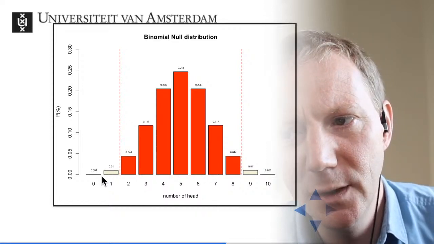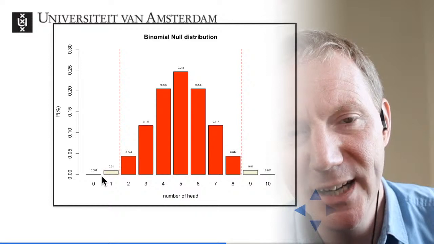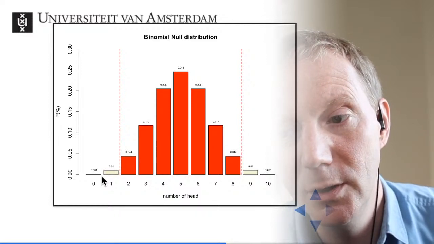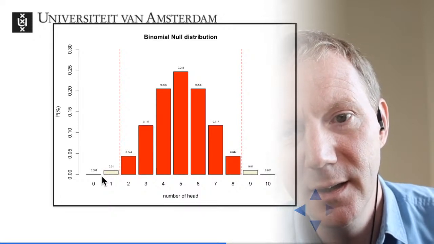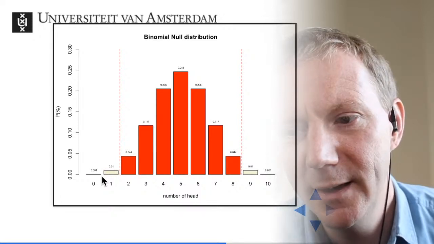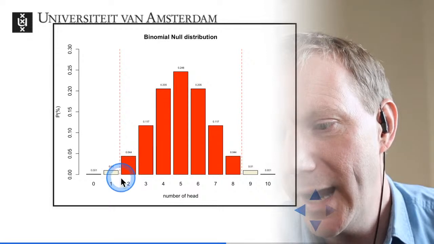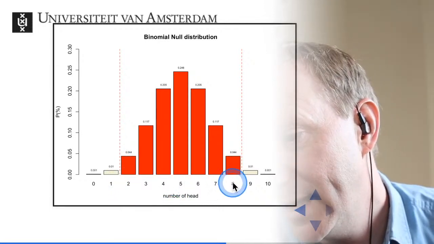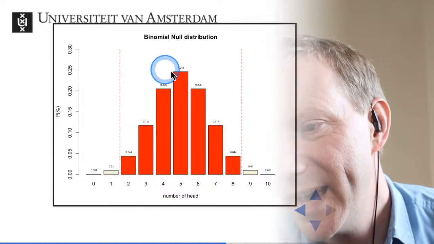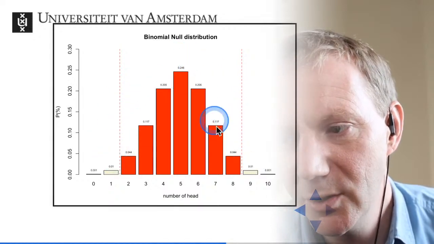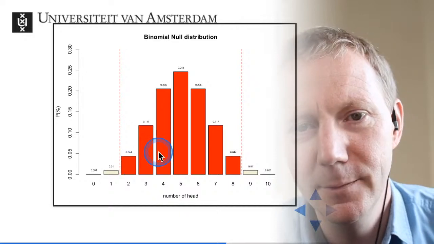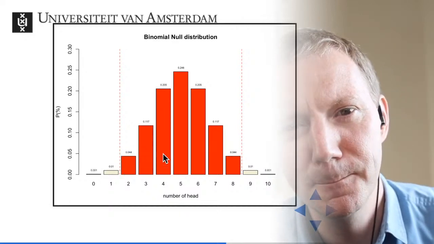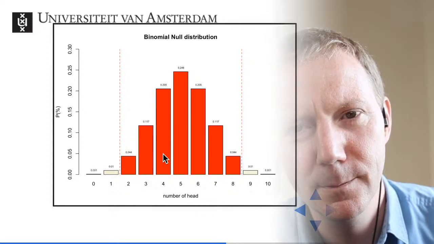So if the null hypothesis actually is true, and I decide to not reject the null, then I do so when I'm between 2 and 8. Well, the mass of the distribution is in between there, so this probability is very high, of course. Does that make sense? Yes. Cool.